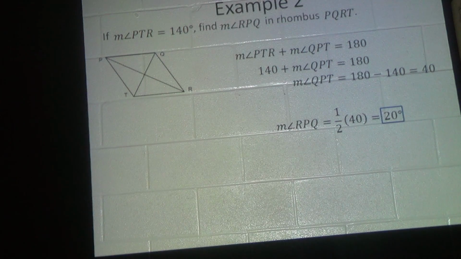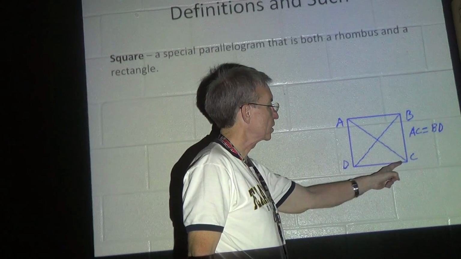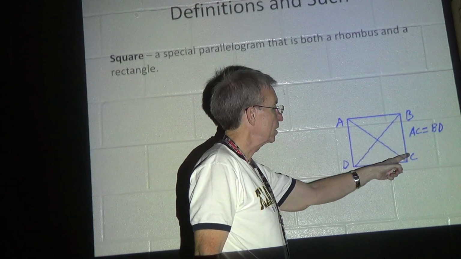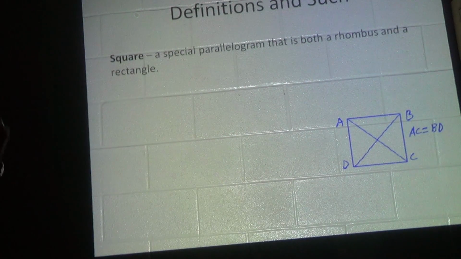Now let's look at squares. A square is a special type of parallelogram that's a rhombus and a rectangle at the same time. This means that all four sides are the same, because that's what a rhombus is, and all four angles are 90 degrees, because that's what a rectangle is. So the length of AC, the diagonal, which is a property of a rectangle, comes together in this as well.